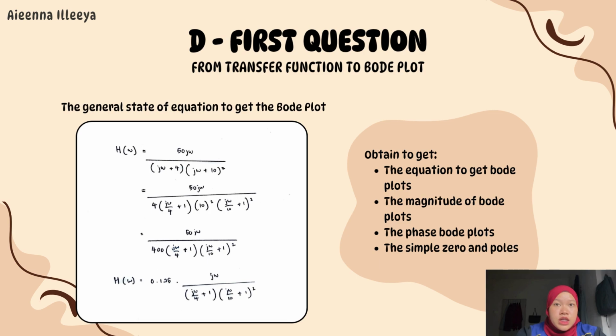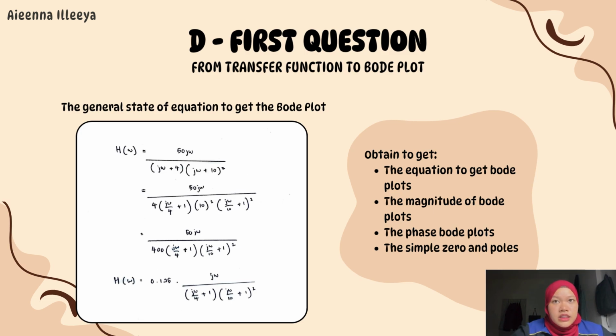The term j omega, a zero at the origin, increases the slope by plus 20 dB per decade and adds plus 90 degrees phase. The term j omega over 1 plus 1, a pole at 1 rad/s, decreases the slope by negative 20 dB and subtracts 90 degrees phase starting near the frequency.